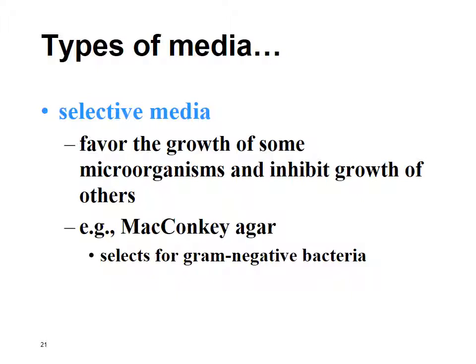Another example of selective media is media that contains nutrients that only a particular type of microorganism can use. So for example, a medium that contains only cellulose as a carbon and energy source is quite effective in the isolation of cellulose digesting bacteria.